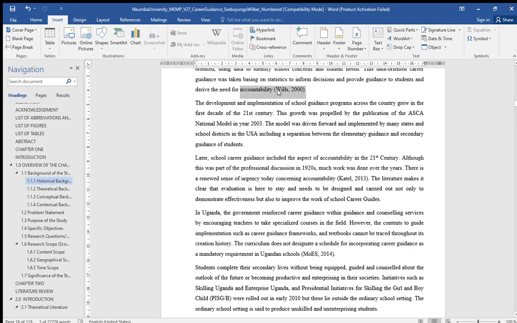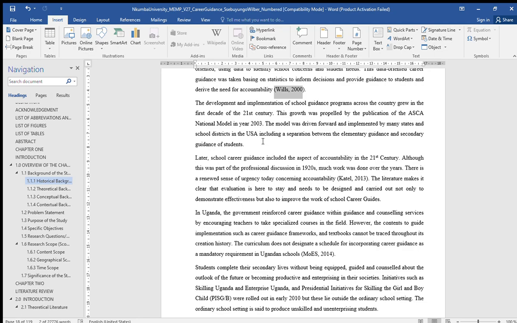So when one reads here Wills 2000 in brackets, one does not actually get to know what title of the book, who is the publisher, which page. That does not give detail. So what you cite here, like Wills 2000, should also be captured in your references.